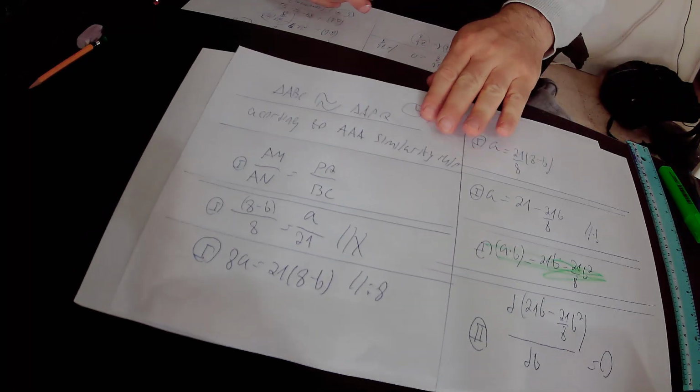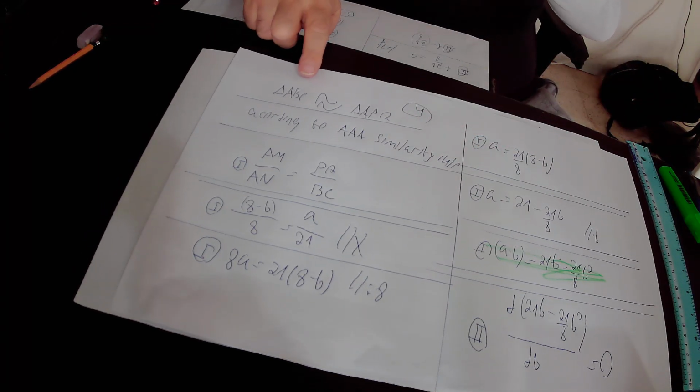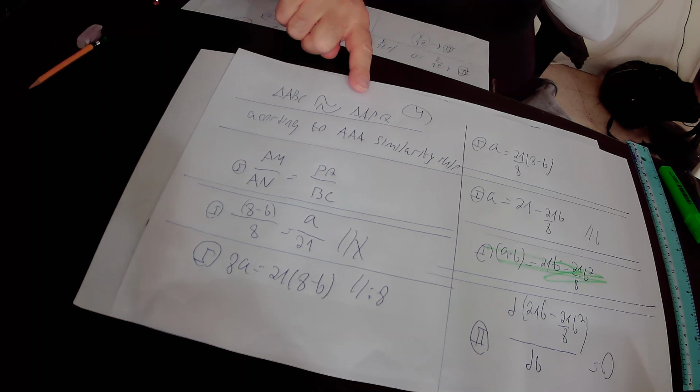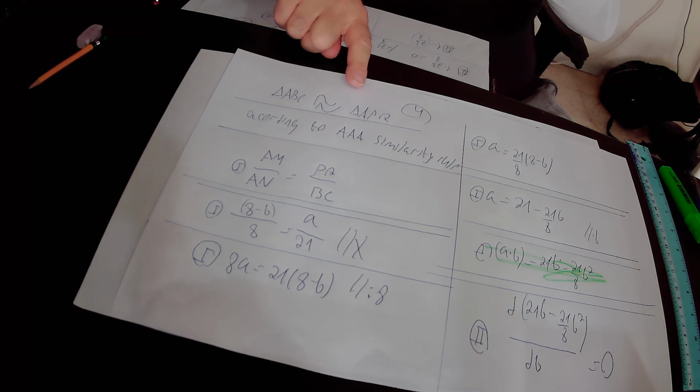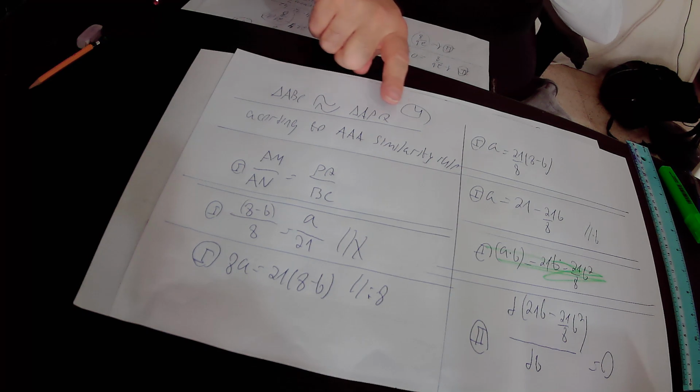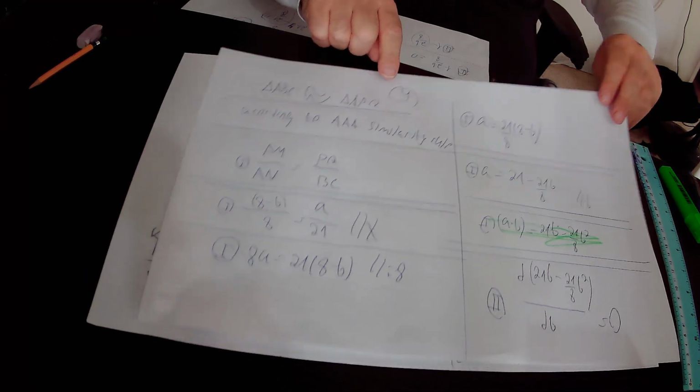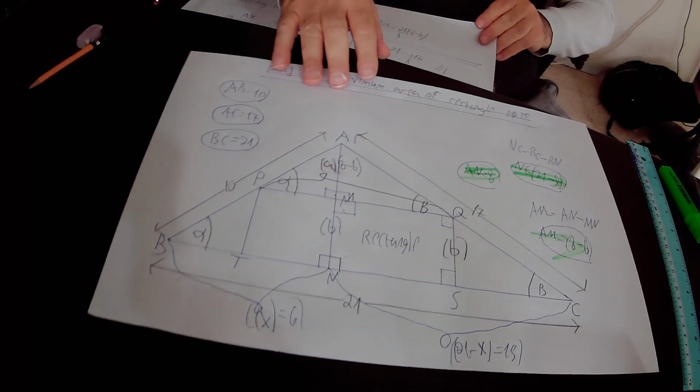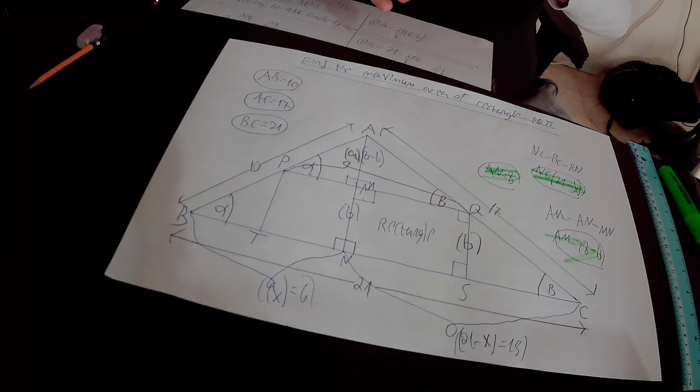Repeat again. The big triangle ABC is similar to the small triangle APQ according to the angle similarity rule. And whenever you have two similar triangles, the ratio between their heights is equal to the ratio between their corresponding sides.